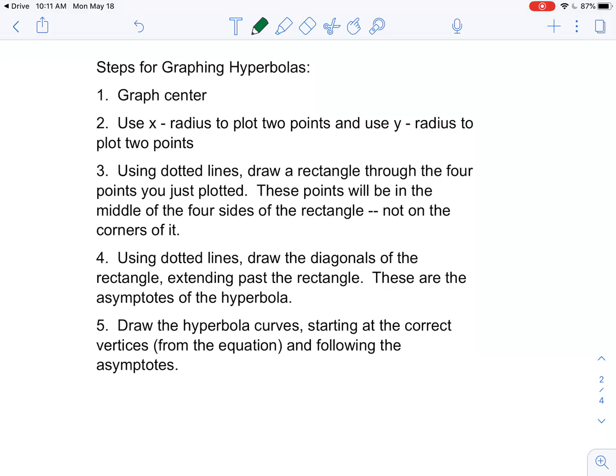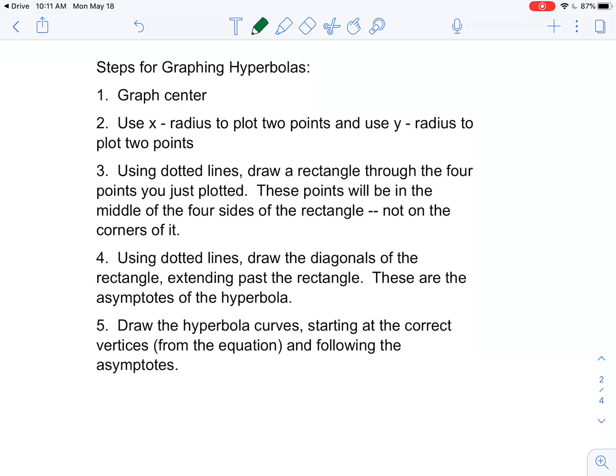Then we use dotted lines to draw a rectangle through the 4 points you plotted. These points will be in the middle of the 4 sides of the rectangle, not on the corners. Using dotted lines, draw the diagonals of the rectangle extending past the rectangle. These are the asymptotes of your hyperbola. Then draw the hyperbola curve starting at the correct vertices from the equation and follow the asymptotes. This isn't going to make a lot of sense until we get into graphing it. Once we get into graphing it, this will make a lot more sense.